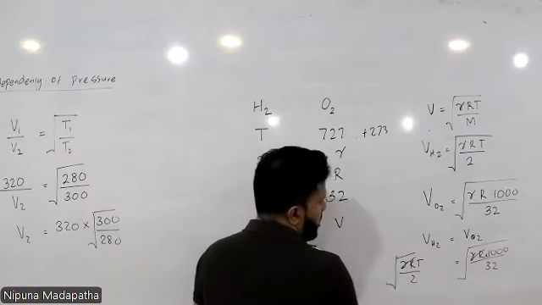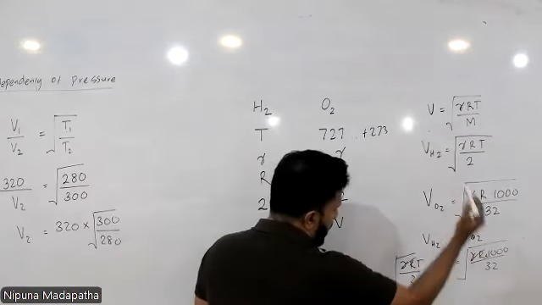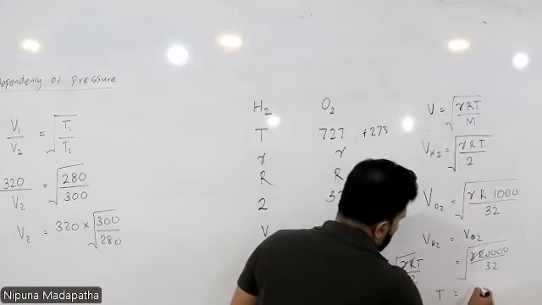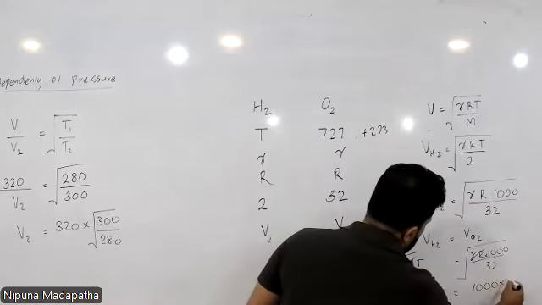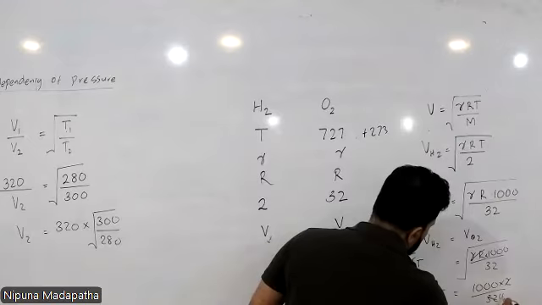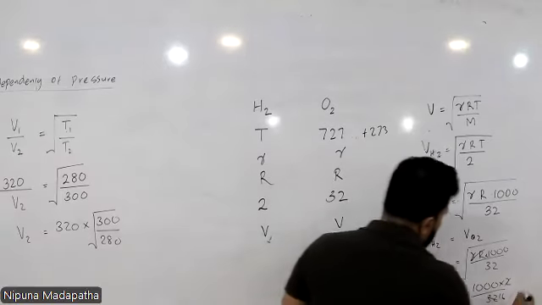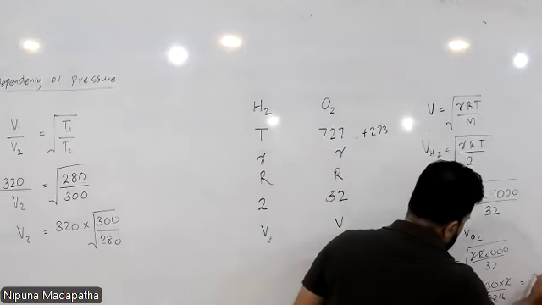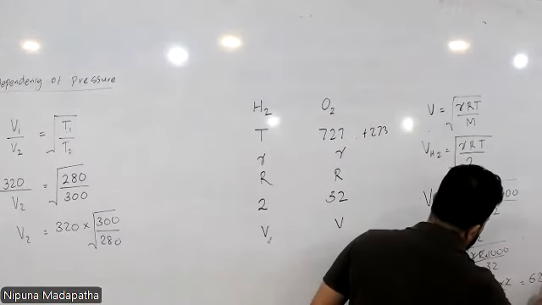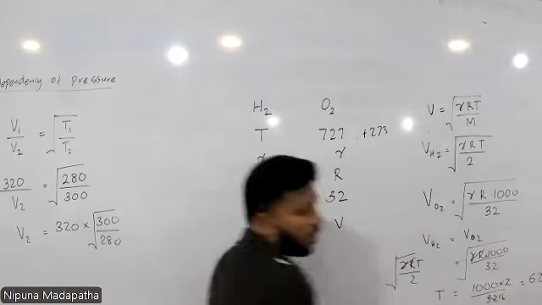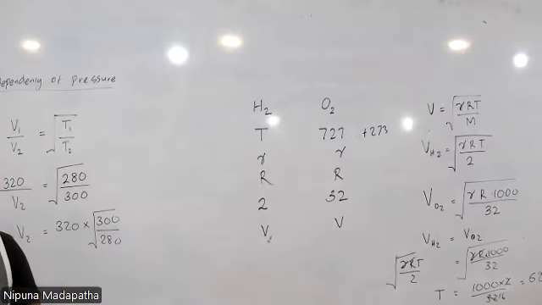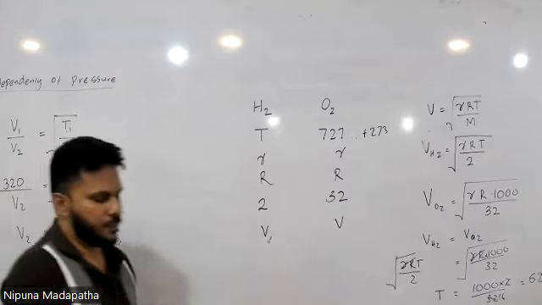Gamma R cancels, square root cancels, so T equals 1000 times 2 divided by 32, which is 1000 divided by 16, that is 62.5 Kelvin.